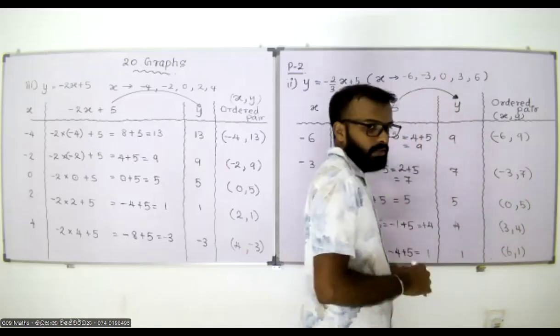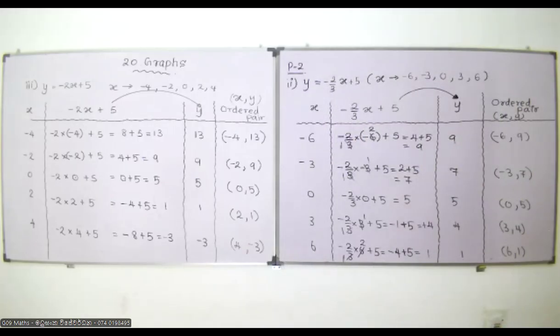Right? 6, comma, 1. Understood very well. So very basic things: you have to substitute and find the ordered pairs, find the values of the ordered pairs, right? So that's what you need to do basically.